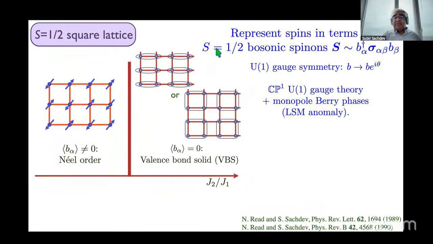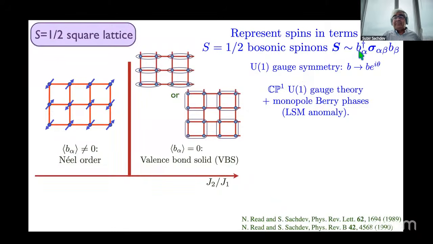And in this, we represented the spin in terms of these bosonic partons, which carry spin a half. So when you make this representation, you introduce a U(1) gauge symmetry, because that doesn't change any physical operator. And therefore, the effective theory in this representation is a gauge theory. And now, a lot is understood about the structure of this gauge theory.